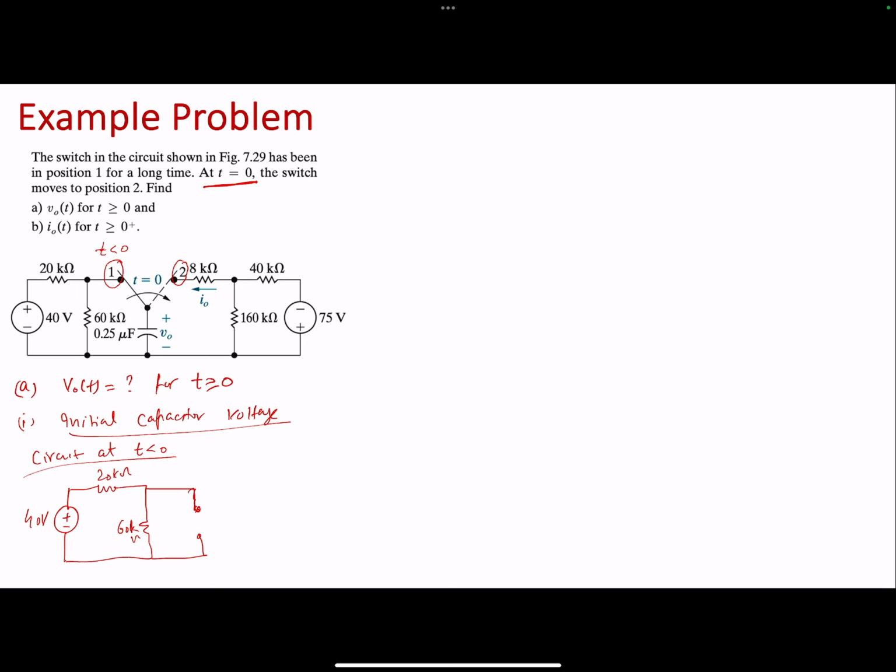We don't know how much time has passed, but we are going to assume that sufficient time has passed and the capacitor was fully charged, because we have an excitation source there. So the capacitor was charged to some level.